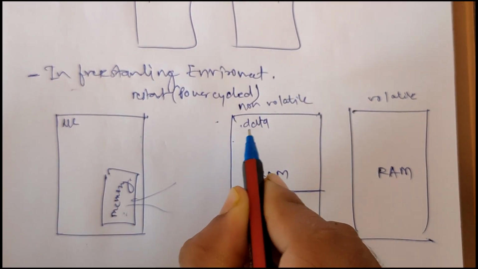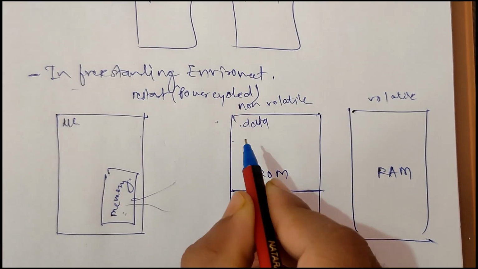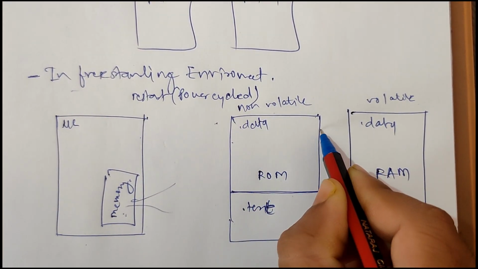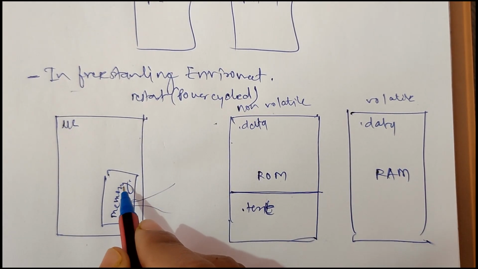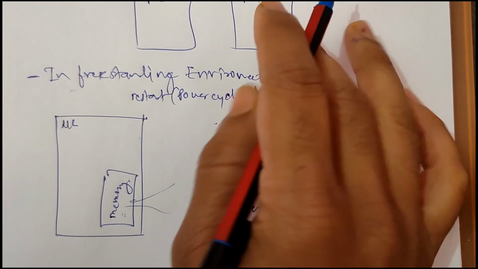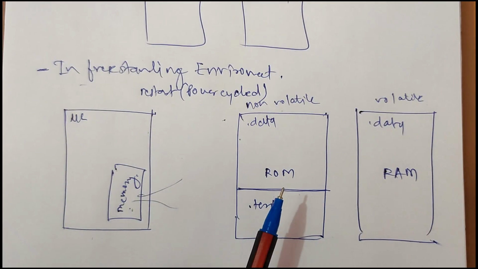So we are putting the data section in RAM and ROM also, because every time the microcontroller gets power cycled, we are assured that these data values are not lost.